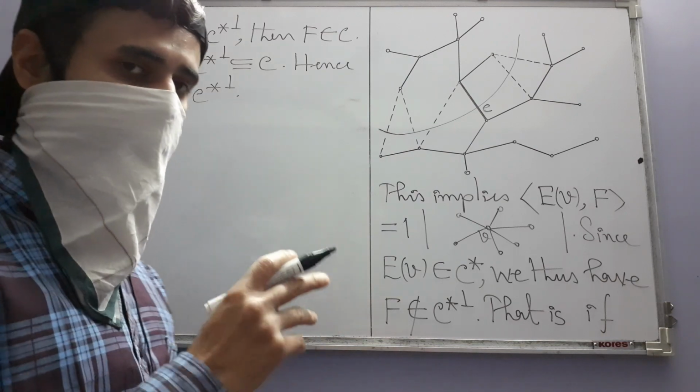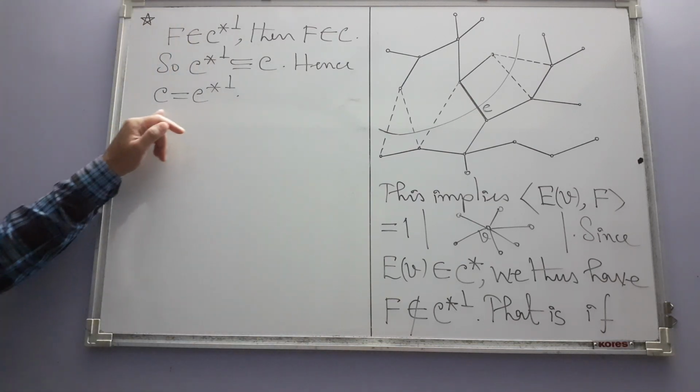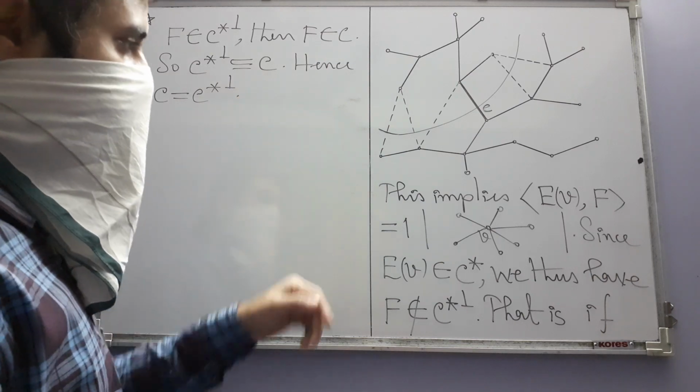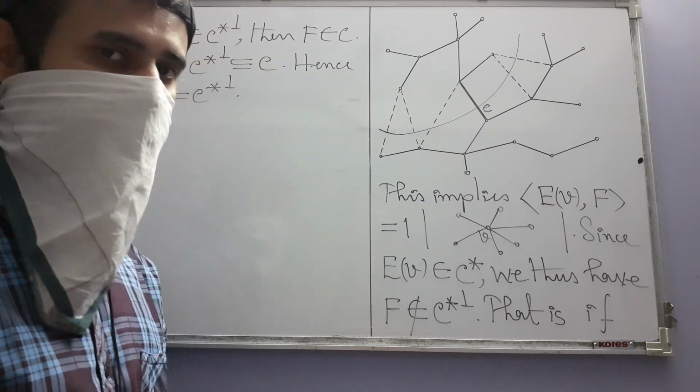Okay, now we prove the other one. We have proved that C is C star orthogonal. Now we have to prove that C star is also C orthogonal.